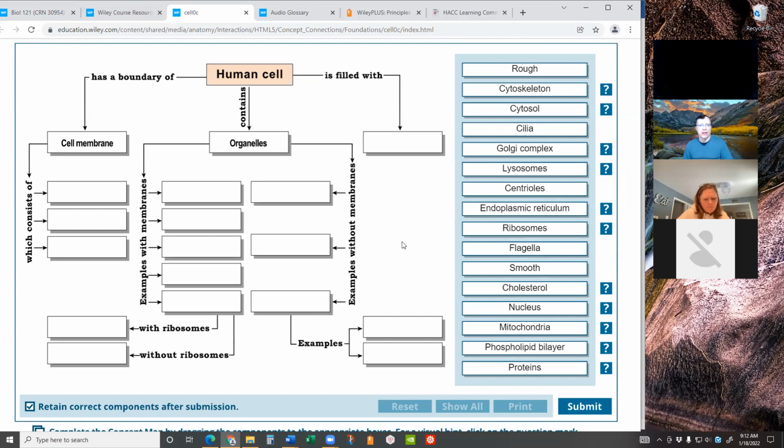Okay, so the human cell has a boundary of the cell membrane, and then you fill this stuff in. The human cell contains organelles. The human cell is filled with, well, you might be aware of the cytosol, so I drag that over here and things like that. Fill this chart in and then submit it and see if your answers are correct or not.